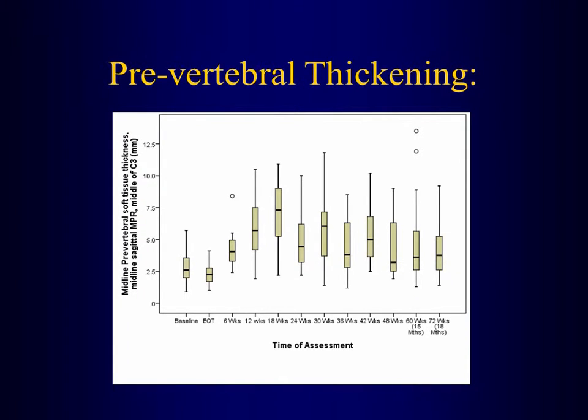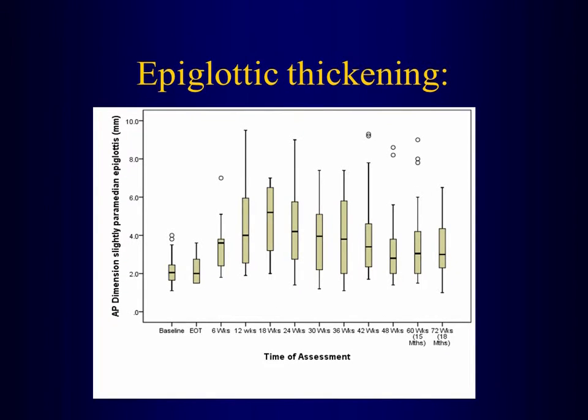It does get better, but never returns to baseline, and a significant percentage of patients have long-term abnormalities in the soft tissues in the prevertebral space, which is, of course, where many of the muscles of deglutition are placed. Same thing for epiglottic thickness. And once you're out a year, 18 months, this is not acute edema that's going to get better with steroids, right? This is now chronic change. And hypothetically, we would expect that to be fibrofatty scar tissue.